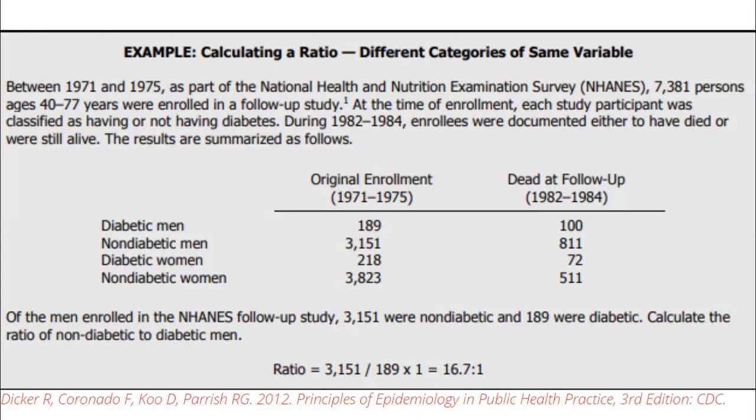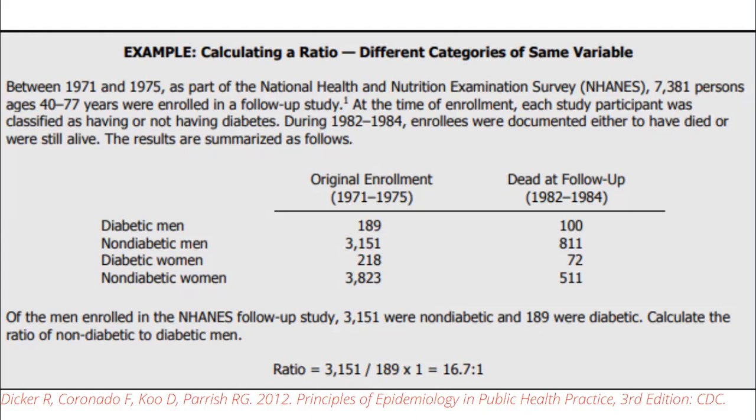I want to direct your attention to the following figures here. We have the original enrollment, which refers to the number of subjects enrolled at the beginning of the study. Since this is a long-term study, it was conducted from 1971 to 1975, and follow-up was done from 1982 to 1984.